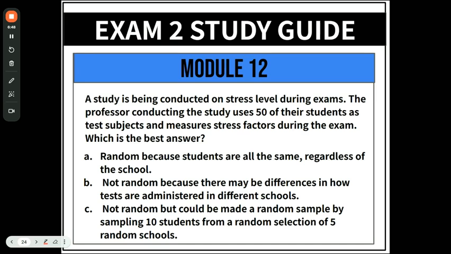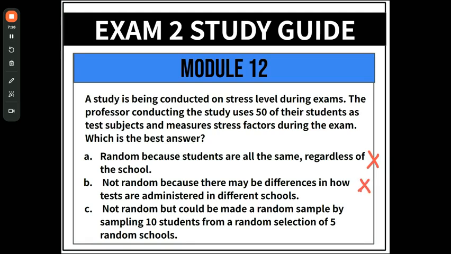Let's look at choice A. Random. It was random because all the students are the same regardless of the school. Well, that can't be true because they're not all the same. This one says not random because there may be differences in how tests are administered at different schools. While this is true, we still don't know, even if they were different, the students still aren't the same.